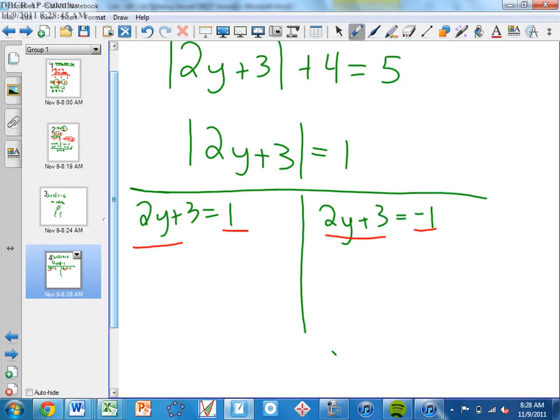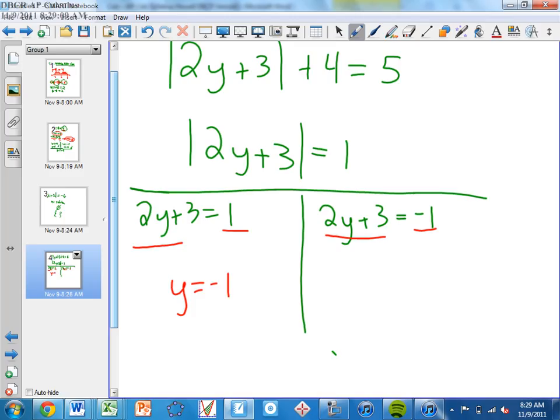Solve them both. Tell me what you get for these two. What did you get for your answer, Daniel? I got -1 for one of them. Which one comes out to be -1 here? First one.